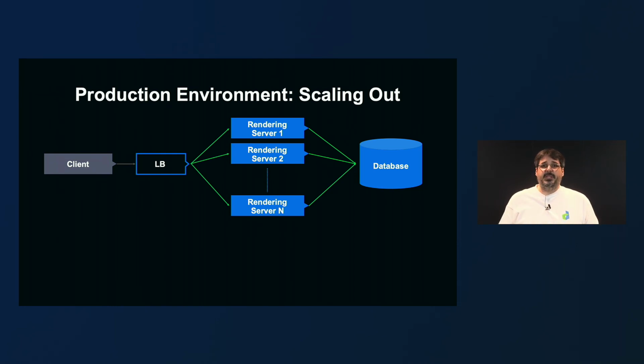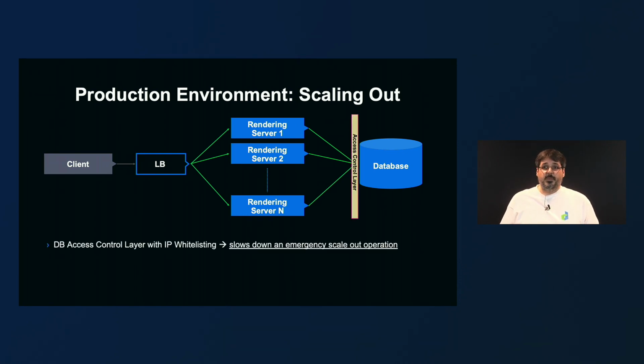Now, those database connections are exactly what we wanted to improve because, well, some of the databases have an access control layer with IP whitelisting, which is good to have. But for every new server that we had, we need to whitelist its IP, which slows down an emergency scale-out operation.